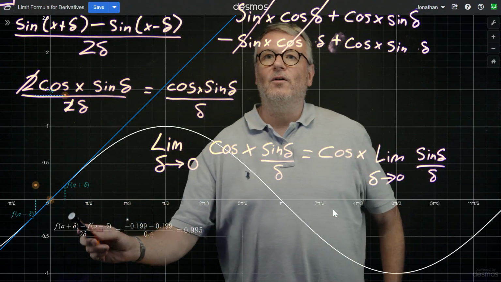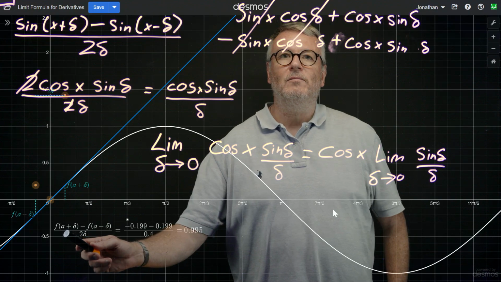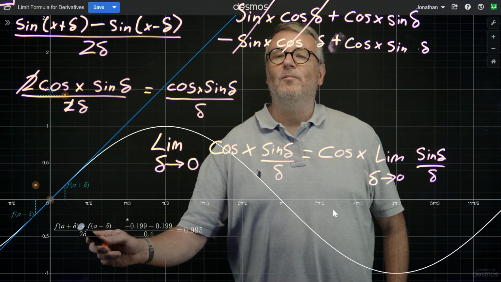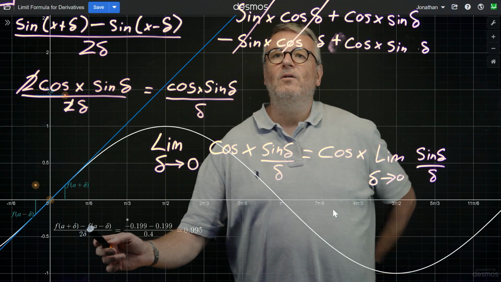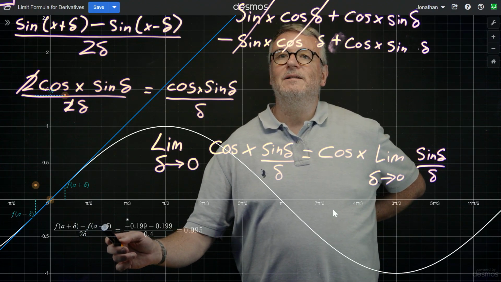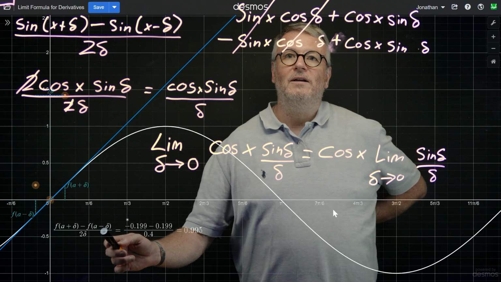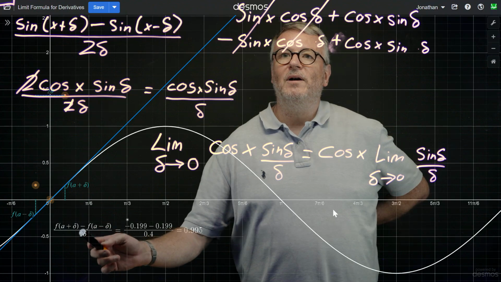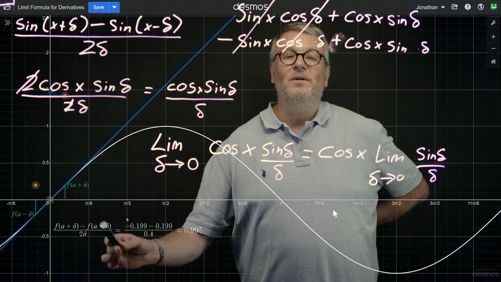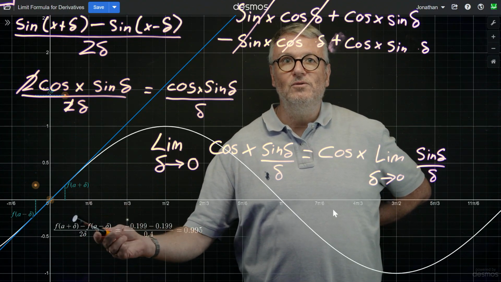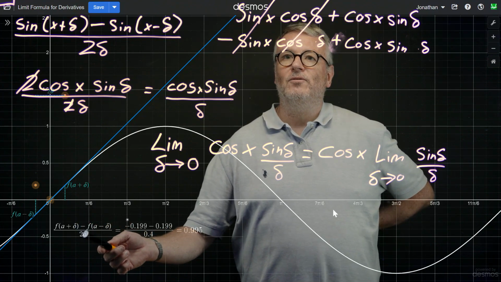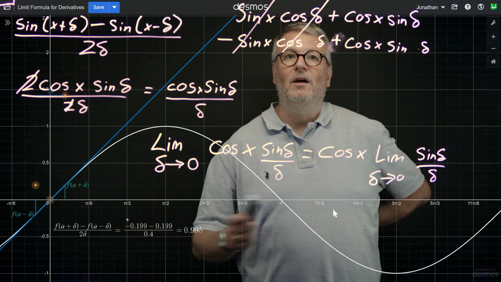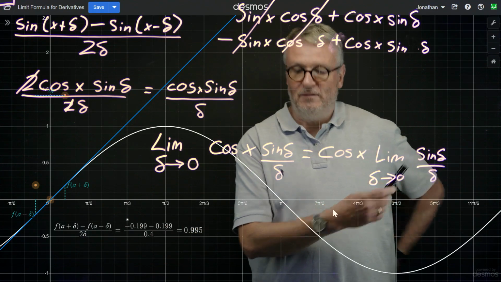Over here, I've got sine of alpha, but I've just set alpha at 0. So that's sine of delta, because it's 0 plus delta. And then we know that this is sine of minus delta, which I told you before is actually minus sine delta. So this is sine delta minus minus sine delta, that means sine delta plus sine delta, 2 sine delta, the 2s cancel, so there is sine delta divided by delta, which is what I want to find out as the limit goes to 0.